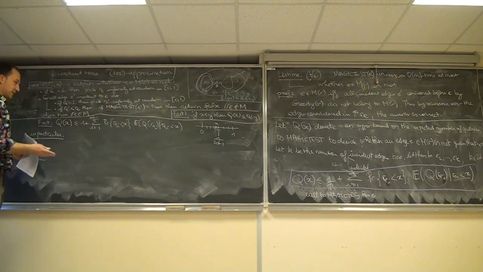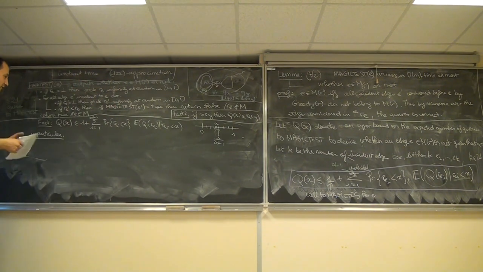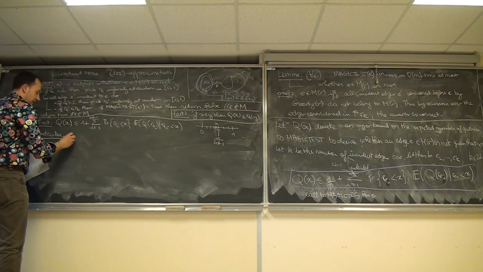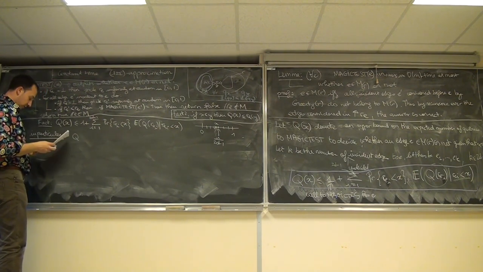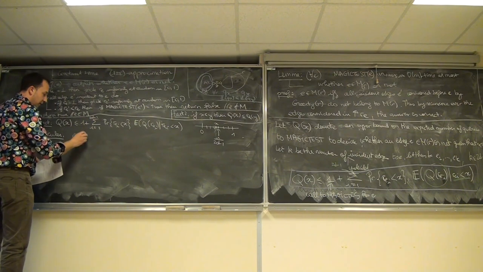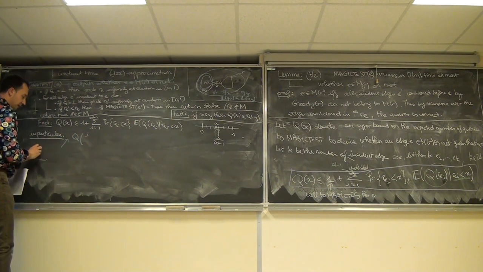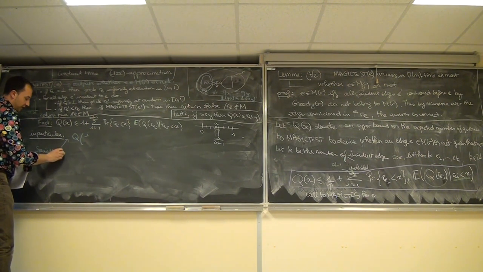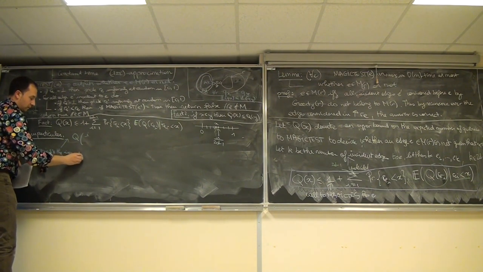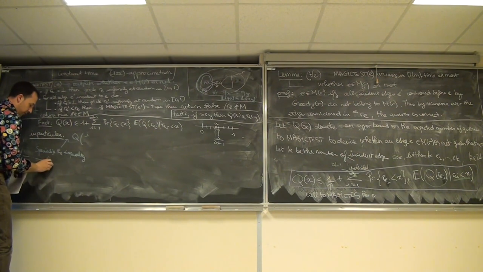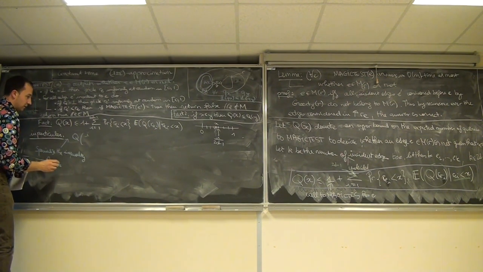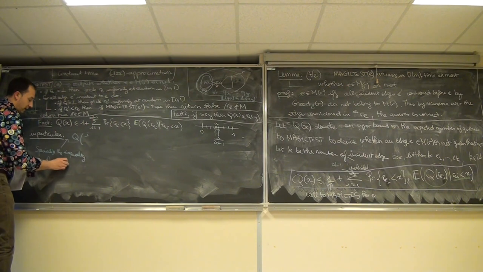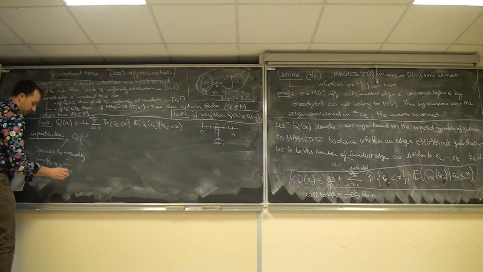So using this fact, we can rewrite this equation as follows. Let's specialize the inequality for x equal I over 2d minus 1.